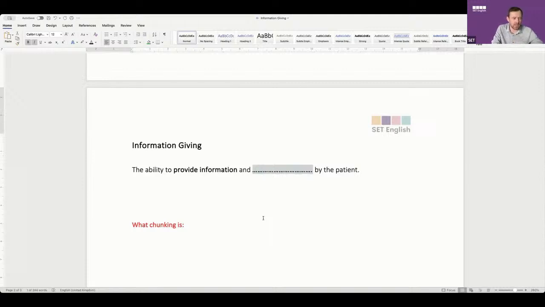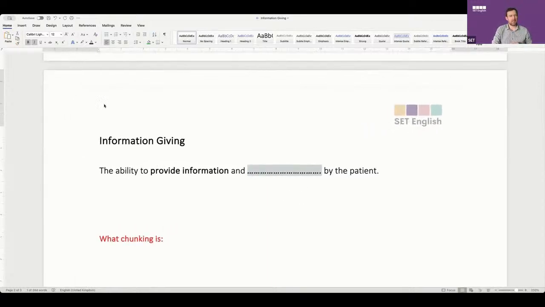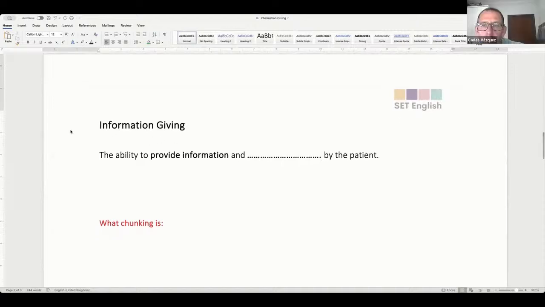Does anyone know? Put your hand up if you think you could tell me what goes in that gap. The ability to provide information and something by the patient. This question is for all, for anybody. Yes, and understand by the patient.